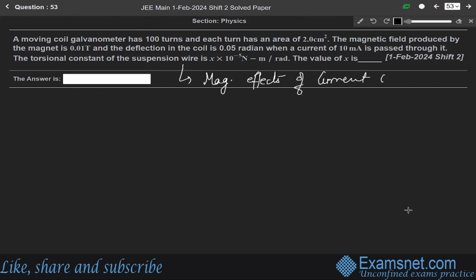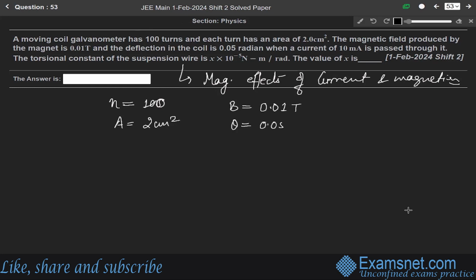We are given the number of turns of the galvanometer n equals 100, area equals 2 centimeter square, magnetic field B as 0.01 Tesla, deflection theta equals 0.05 radian, and current I is 10 milliampere. We are asked to find the torsional constant.